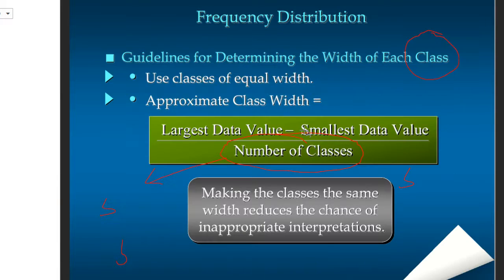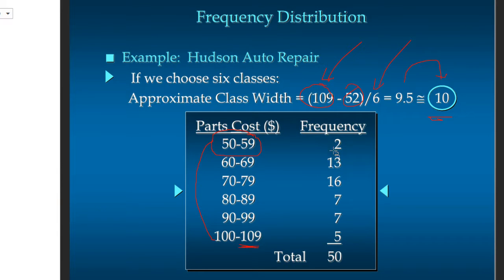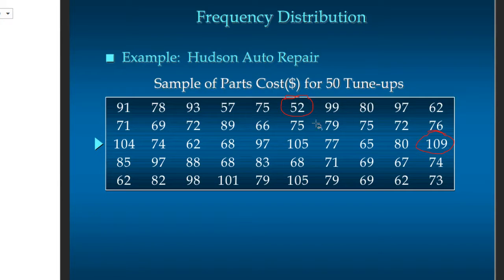Now, once you set it up like this, you figure out how many data points we have between 50 to 59, right? So let's see. We know this one has 50 to 59. And anything else?